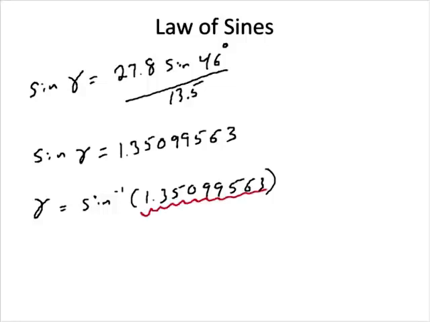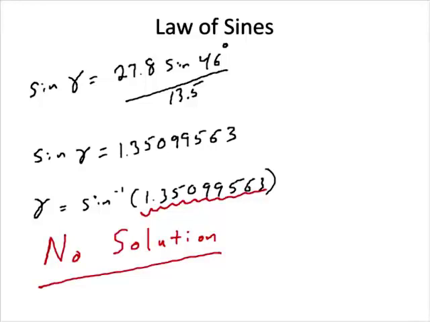You'll get an error because, remember, sine can't be more than 1. Sine has to be between -1 and 1. So this is an example of a problem that has no solution. Okay. Let's move on to another example.